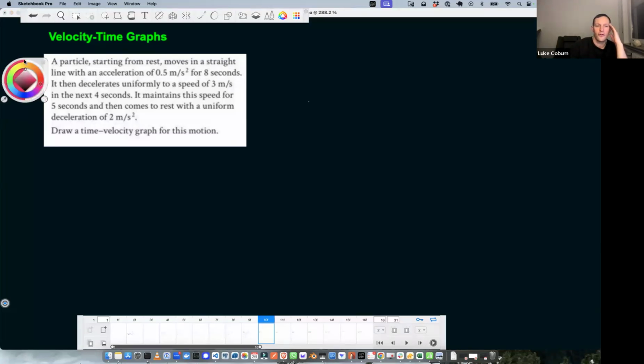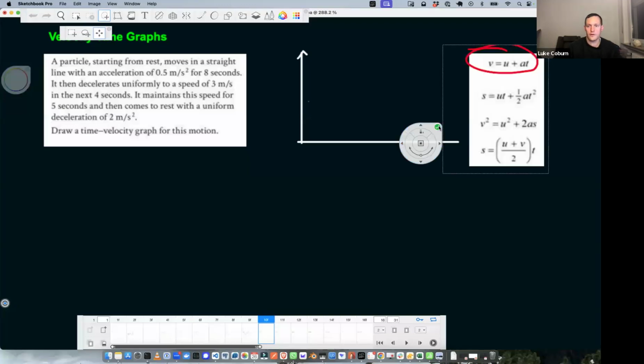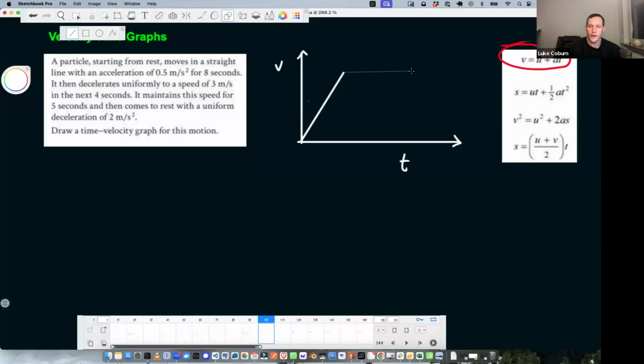Okay, so now we have to draw these velocity time graphs. These velocity time graphs are going to have a period of acceleration, then a period of no acceleration, and then a period of deceleration.